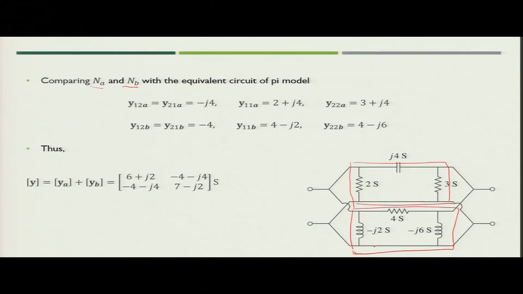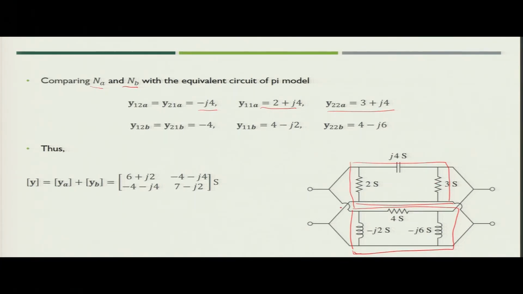If you recollect how we compile the individual elements of the Y parameters, we can write Y12A is equal to Y21A is equal to minus of the connection between the left and right leg. So, that is minus j4. Similarly, Y11A will be equal to 2 plus j4 in this case, and Y22A is equal to 3 plus j4.